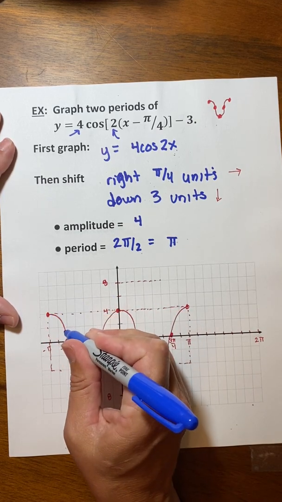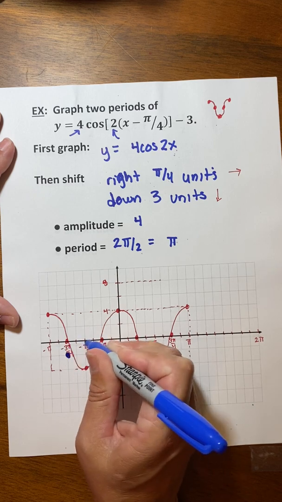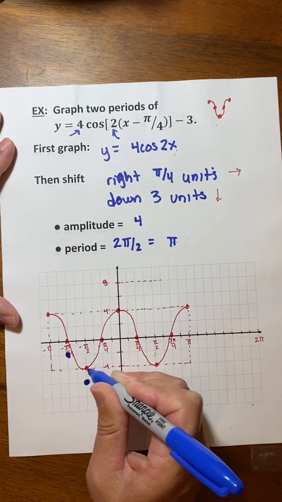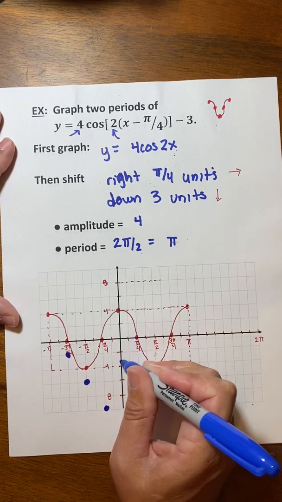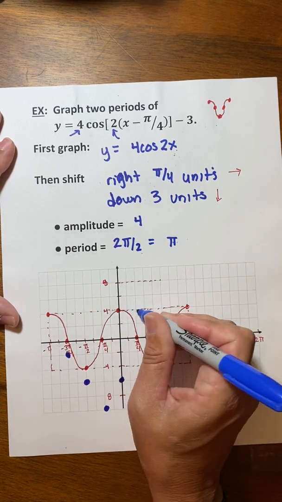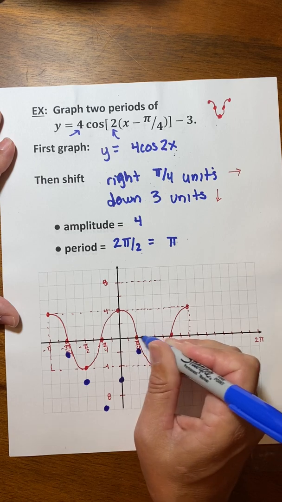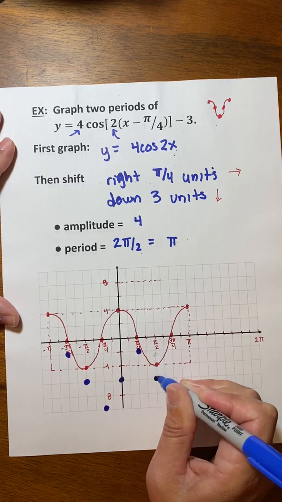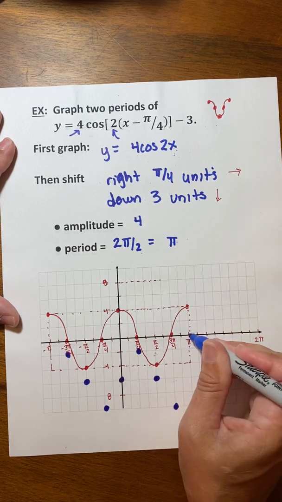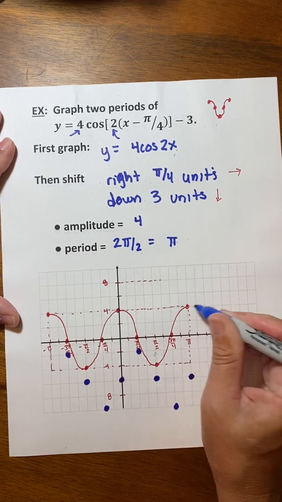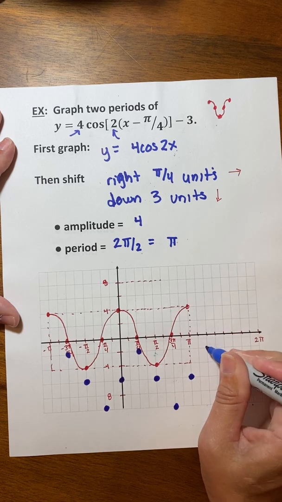So right 2 tick marks, down 3, and repeat for each point, and my last one, right 2 tick marks, down 3.